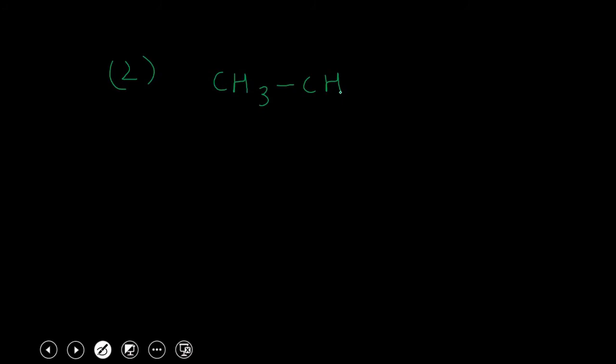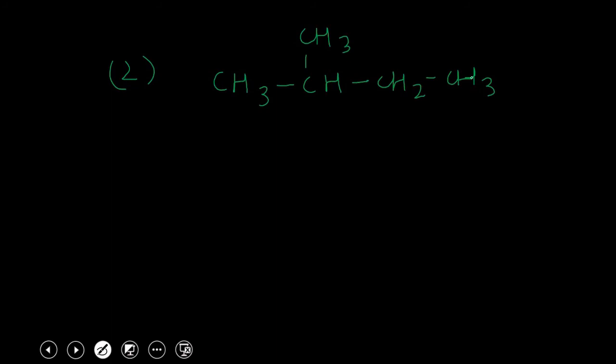So CH3, CH. Then again I'm writing here CH2, CH3, and the fifth one will be written in the form of a branch. So you have to take a special care of valency, for which I am going to discuss in my next videos also. So this is the second isomer of pentane.